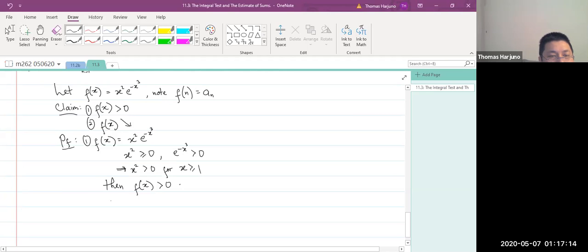Second, the first derivative of f(x) will be 2x e to the negative x cubed plus x squared times e to the negative x cubed times negative 3x squared.